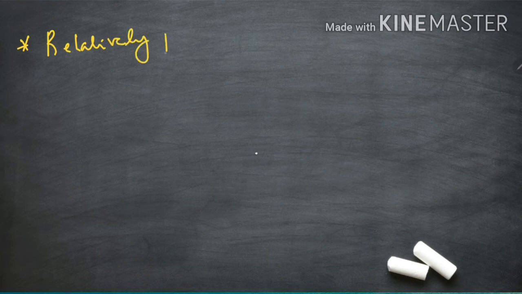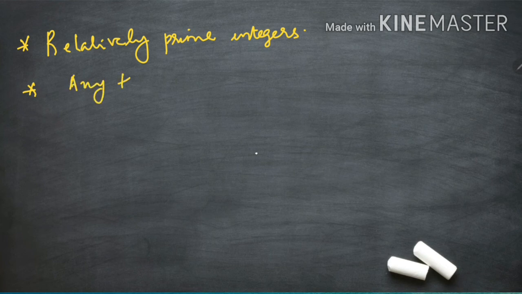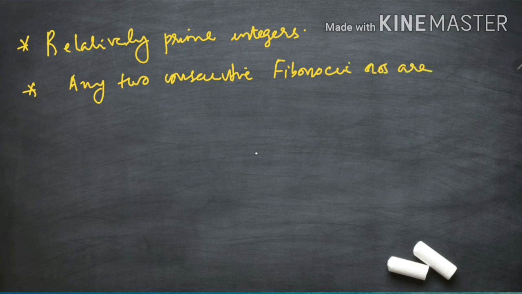Up to this we have discussed only two results. First we discussed relatively prime integers, what is meant by relatively prime integers, and we identified that any two consecutive Fibonacci numbers are relatively prime, which we already proved.